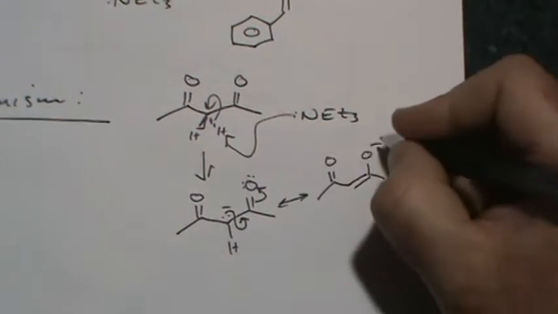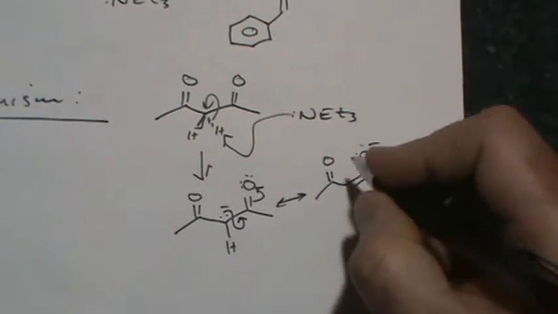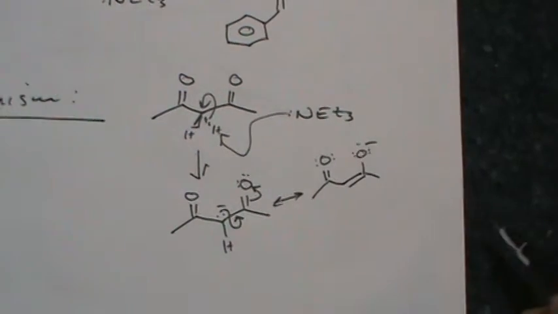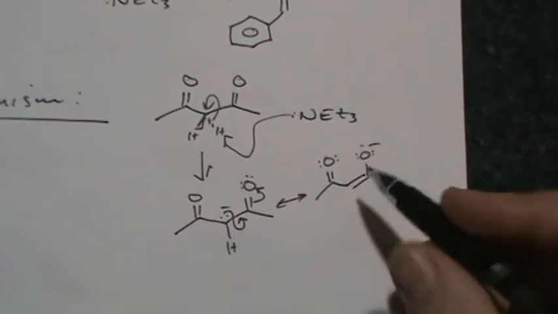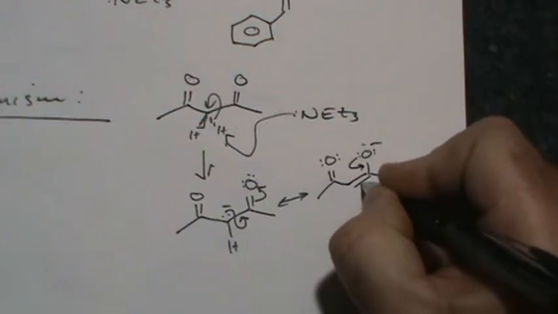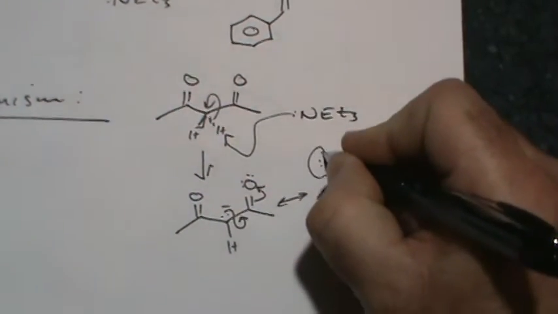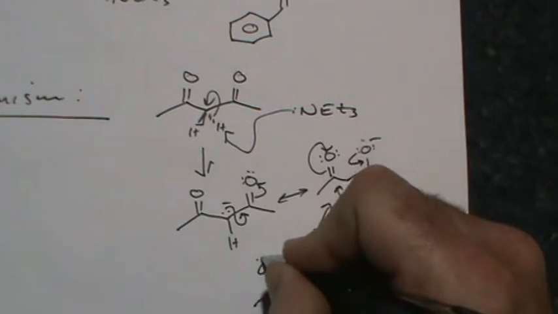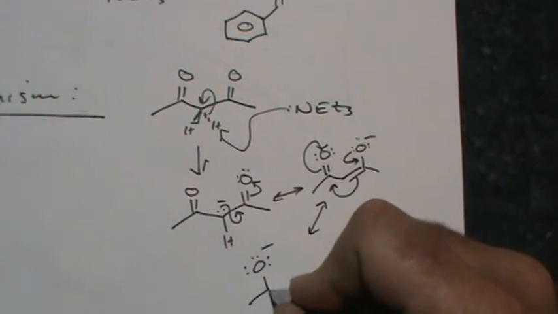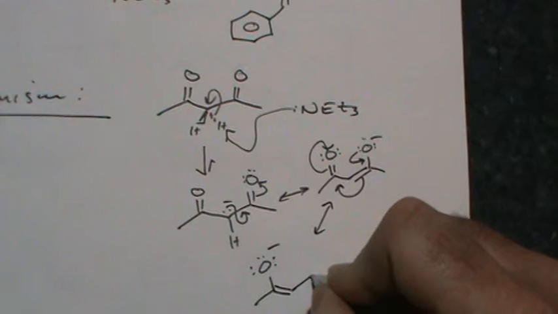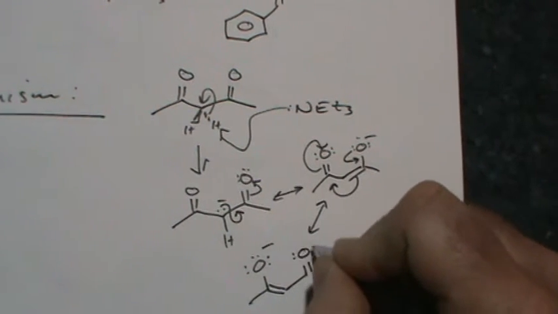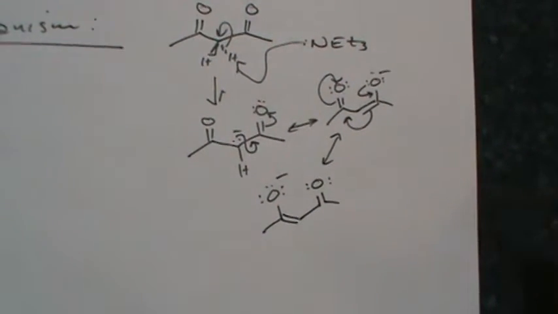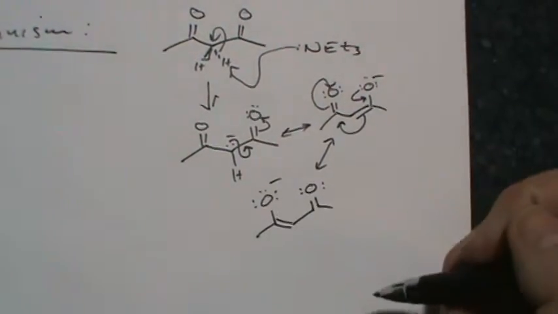There's one of the resonance forms, in addition to the original resonance form. And now I can show the third resonance form, which places the extra pair of electrons and negative charge at the other oxygen atom.